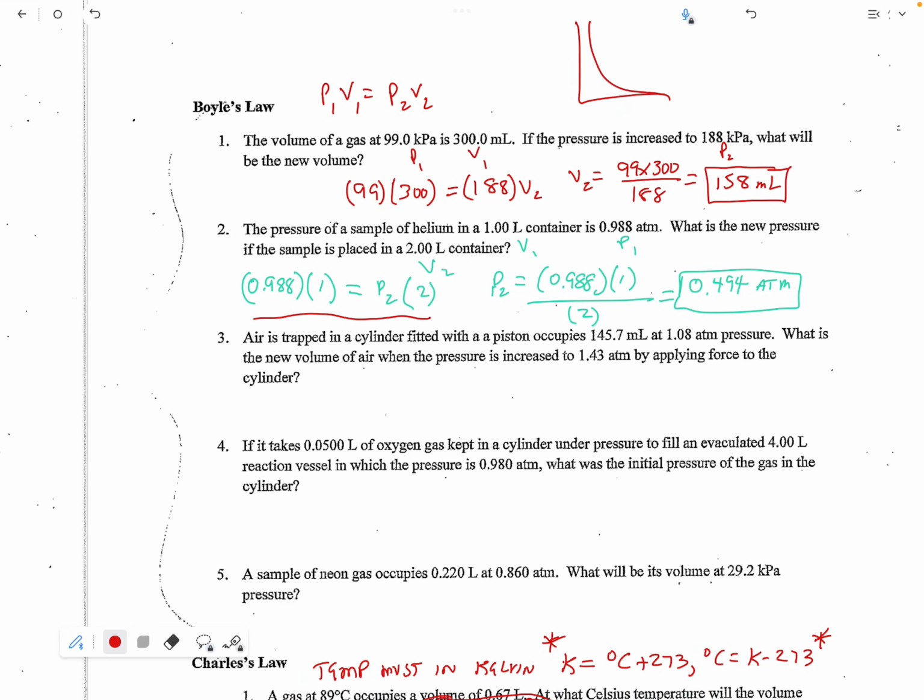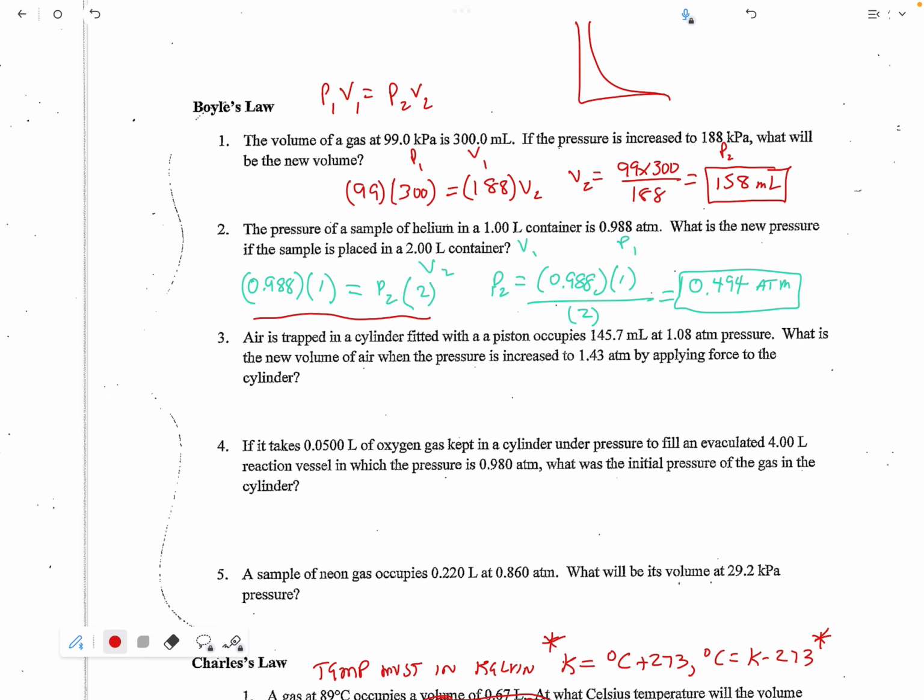Okay. Boyle's law: initial pressure times initial volume equals the final pressure times the final volume. If you can identify what your initial pressure and your initial volume is, and your final pressure, like in number 1, then you can set up your problem like you see. We're solving for the final volume, V2. So it's going to end up being 99 times 300 divided by 188, and that'll give you 158 milliliters for your final volume.